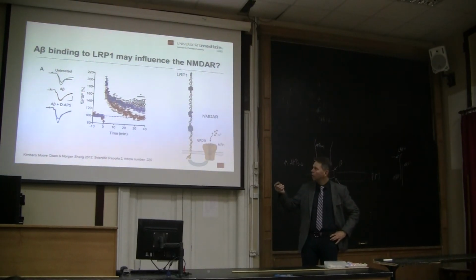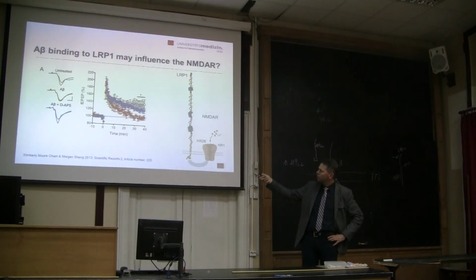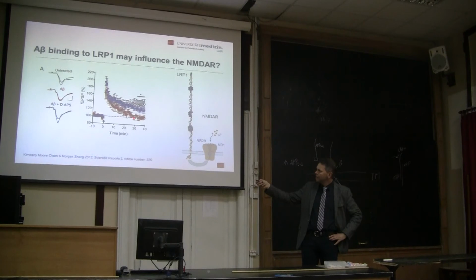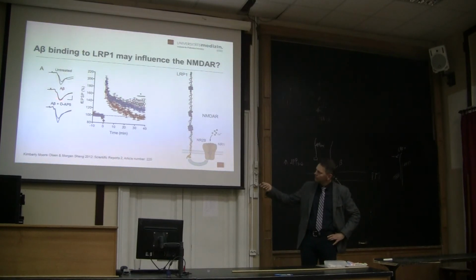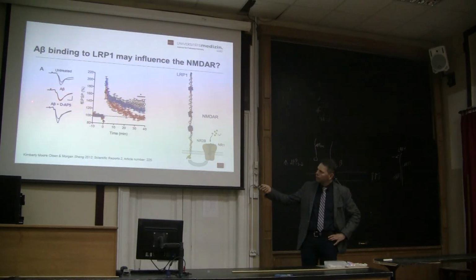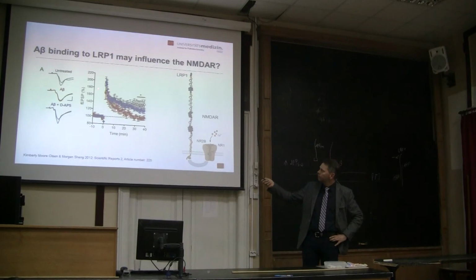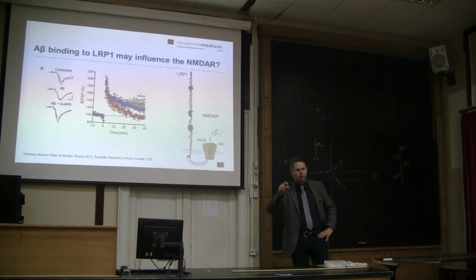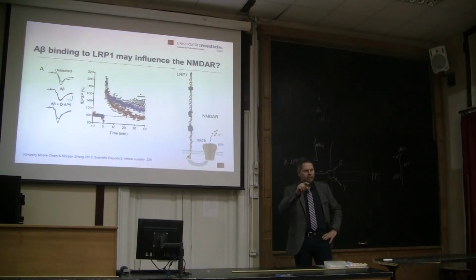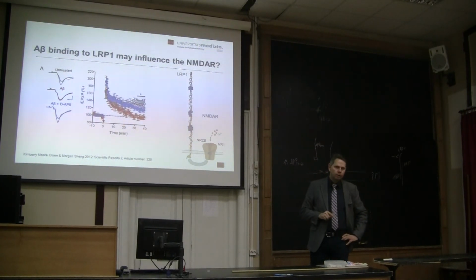You can measure these currents, and this up here is a normal LTP current under normal conditions. When you add A beta, in red, to these neurons, you have a dramatic decrease in LTP. So your NMDA receptor is not functioning properly anymore. You can rescue that with an inhibitor against the NMDA receptor, and then it goes back up. So A beta apparently has a direct effect on the NMDA receptor.